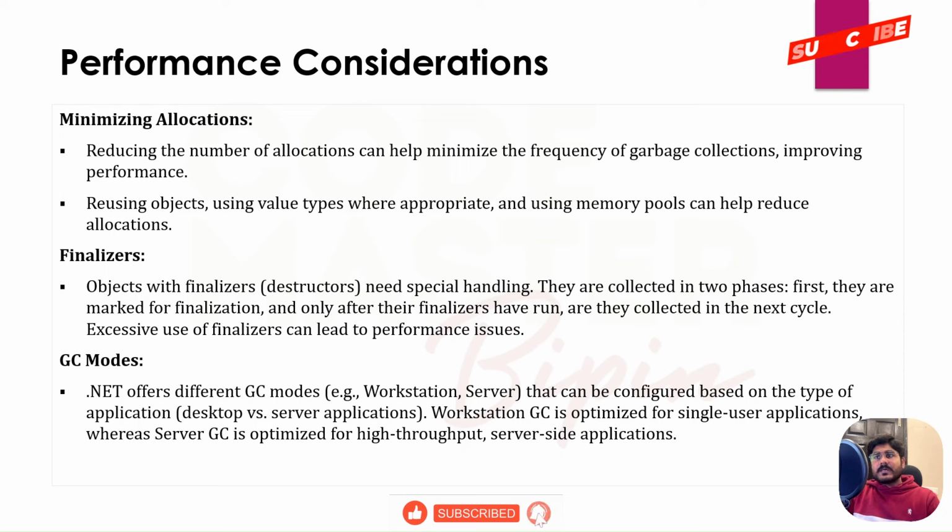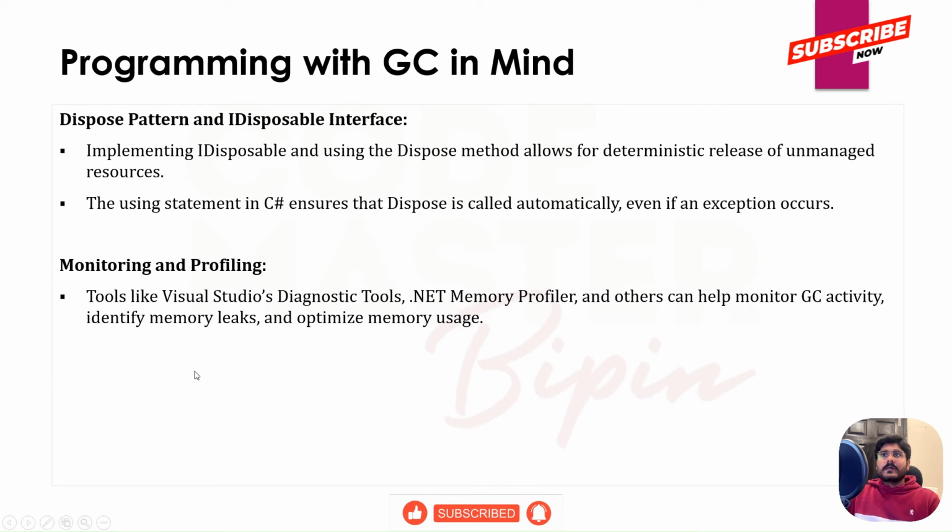One is workstation, another one is server. Workstation GC mode basically works for desktop kind of applications or single user applications, and server garbage collector mode basically works for web applications hosted on a particular server or server side applications. So these are the things we need to take care of while working on a particular application, and make that application more robust in terms of memory management.